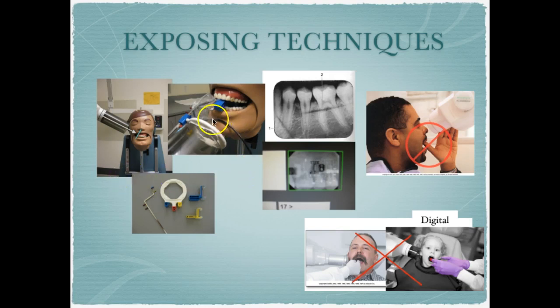Also, in using digital, you want to be aware of the cord of the sensor so that it doesn't interfere with your image, which would warrant a retake. Also, placing either the film or even the digital sensor backwards in the patient's mouth, that would warrant a retake. So all of those would be faults in our exposing techniques.